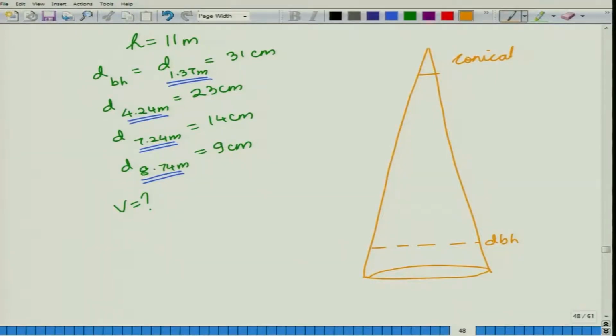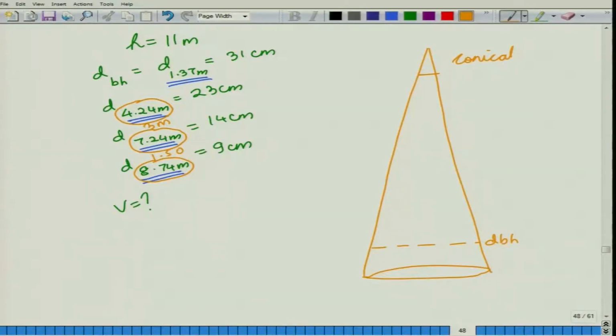What about these lengths? If we see 7.24 minus 4.24, it gives you 3 meters. Similarly, 8.74 minus 7.24 would give you 1.5 meters. Now, let us try to understand why we measured this tree at these heights.